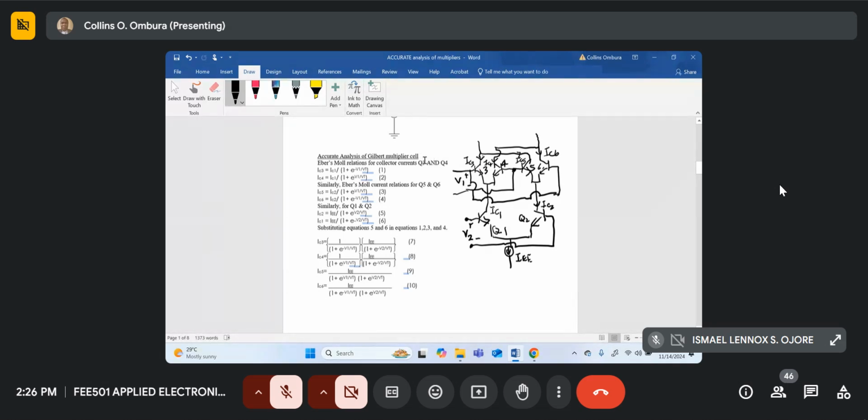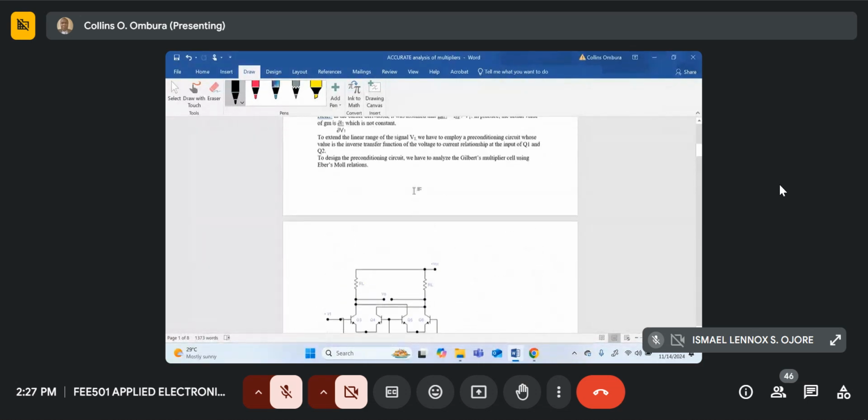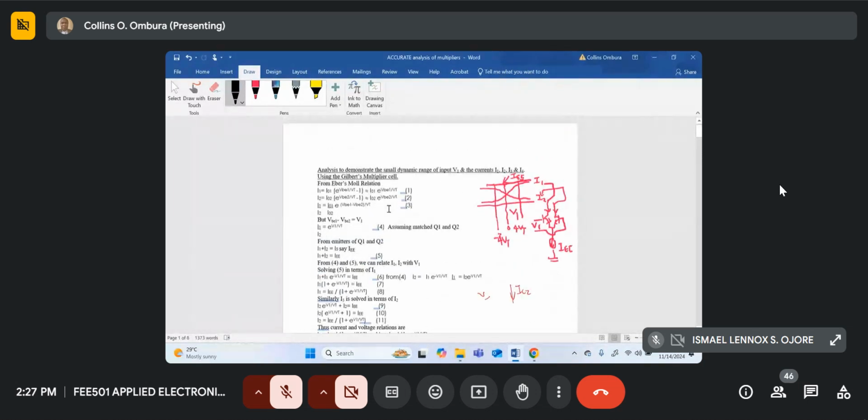Remember, the general equation for the Ebers-Moll current relationship is, say, IC. For those of you who'll be lost, let me just go back. I know I might take a shortcut for you people, but actually I'm using these equations over here for the differential amplifier. For this setup over here, the transistors to the left, we call them Q1, Q2.